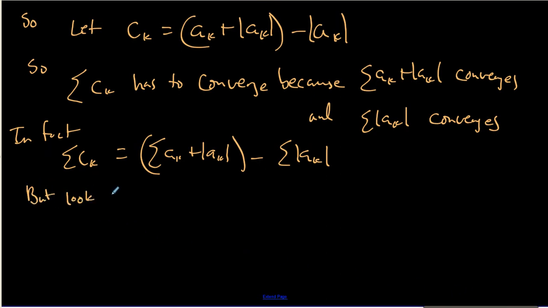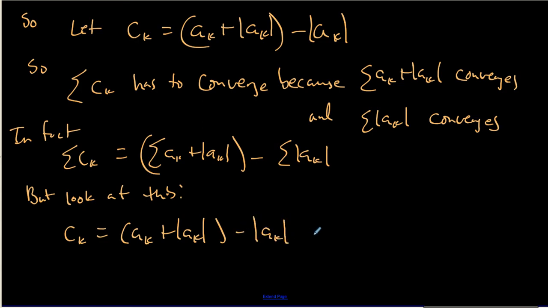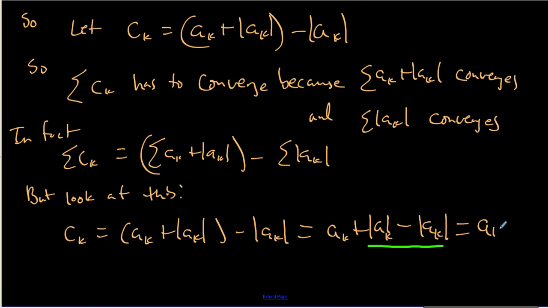But now look at this. Each CK, which is AK plus the absolute value of AK minus the absolute value of AK, can be simplified to be AK plus that absolute value minus that absolute value. And of course, this mess winds up adding together to be a 0, so CK is nothing more than AK.